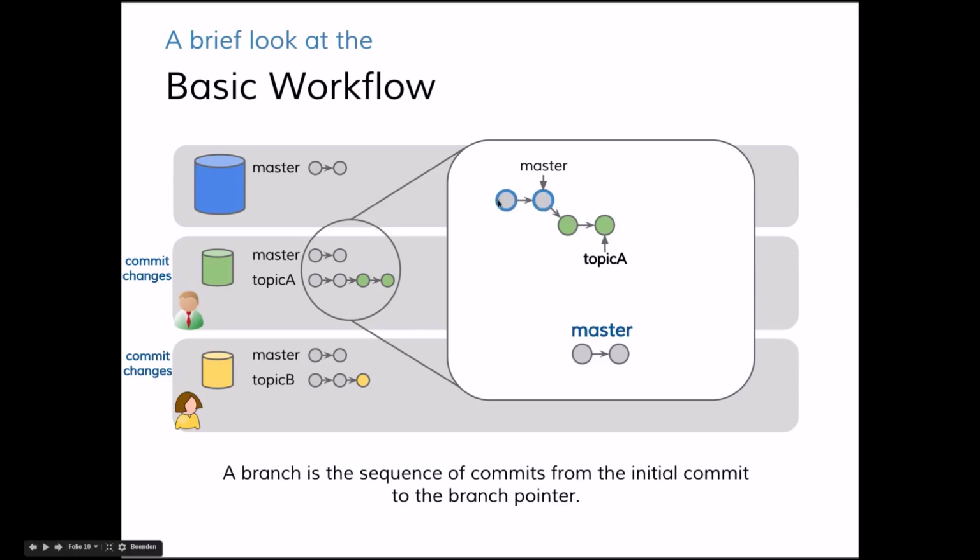So in this case it's just these 2. Of course it works the same way for the branch topic A. So when we go here to the tip of the branch topic A and go backwards, we get all 4 commits.